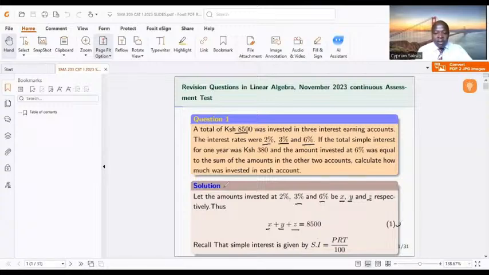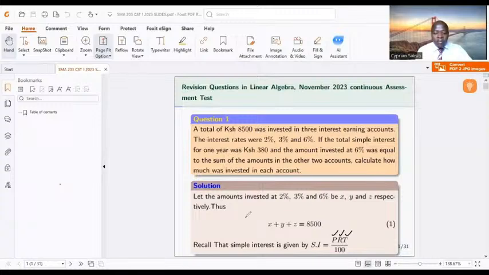Now, the second equation involves the interest rates and the amount that was invested. We are told that it is simple interest. And we know simple interest is calculated by principal amount times rate times time over 100.